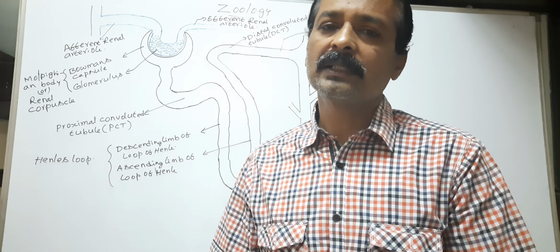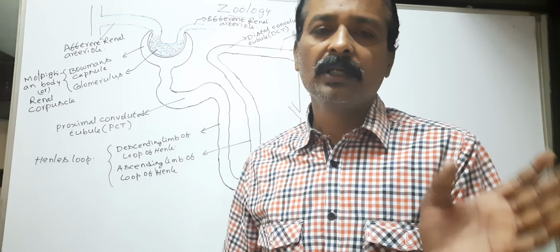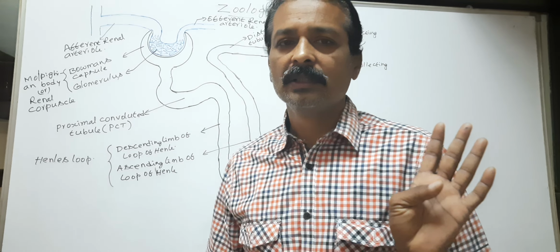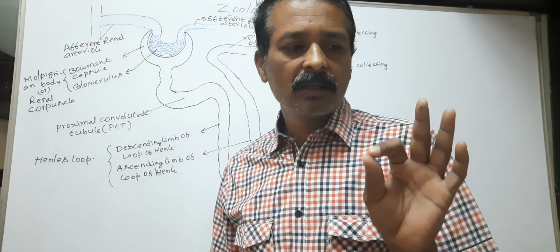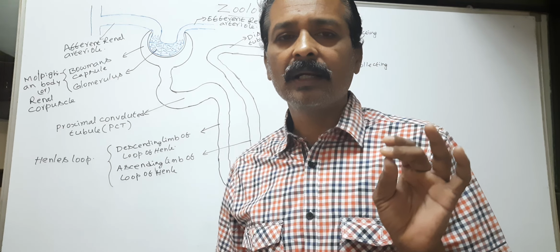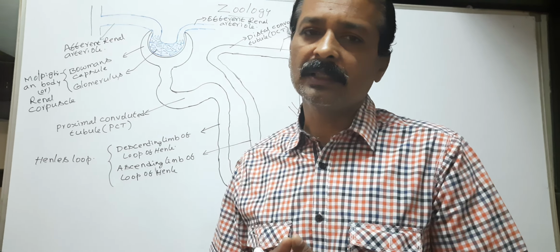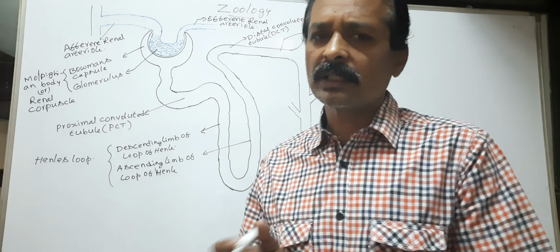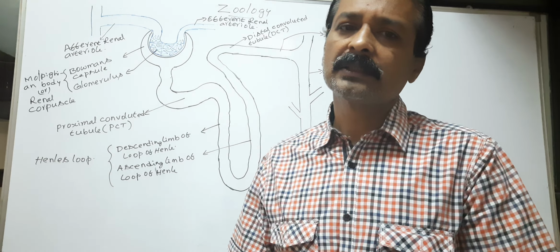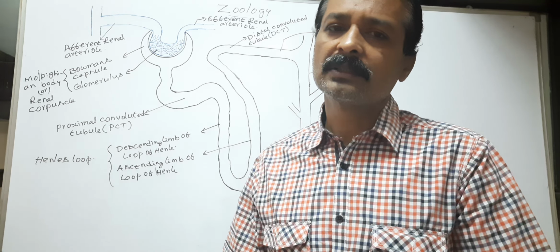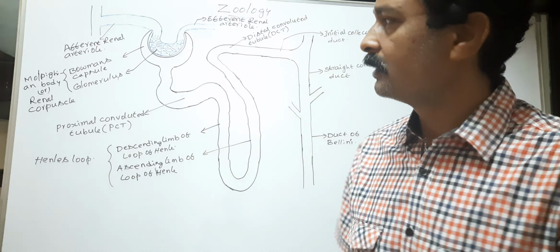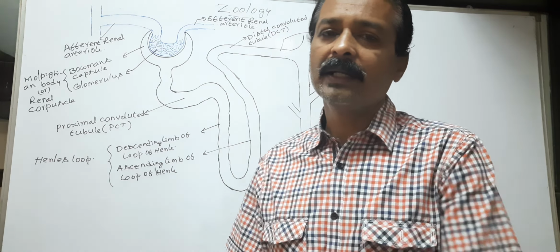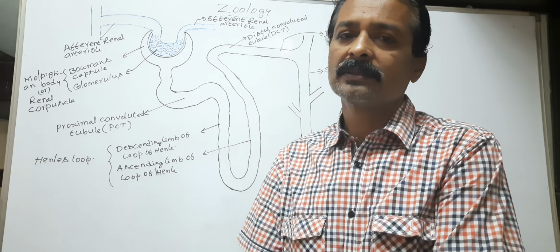So the human excretory system consists of a pair of kidneys, a pair of ureters, a urinary bladder and urethra. The structure of kidneys, ureters, urinary bladder and urethra are completed in previous class.